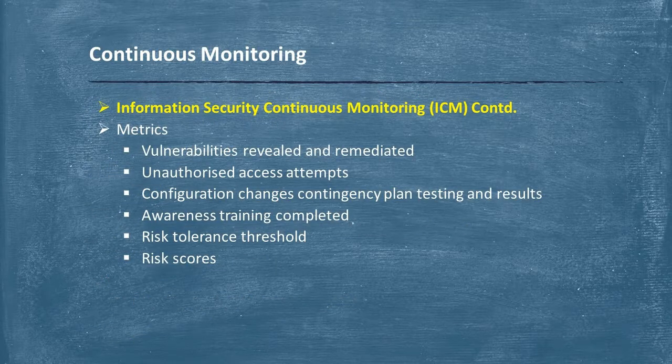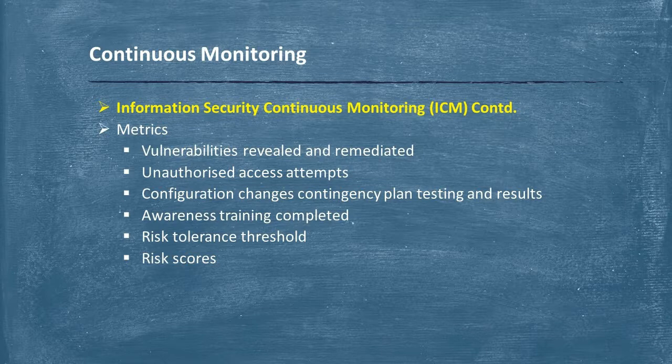What are the typical metrics that can be collected in continuous monitoring? What are the vulnerabilities revealed and remediated, how many vulnerabilities were identified, and then how many were remediated, whether we could remediate all or still some are pending.